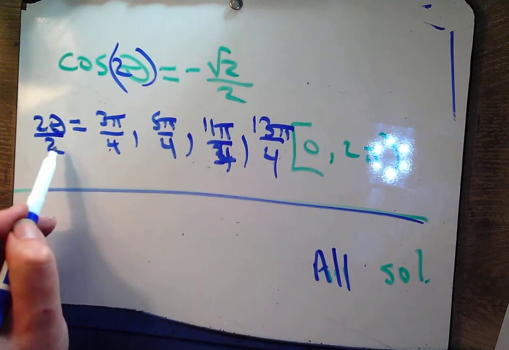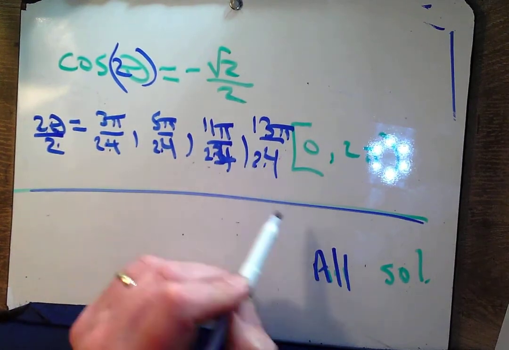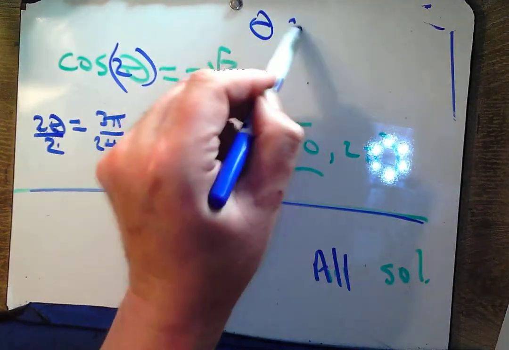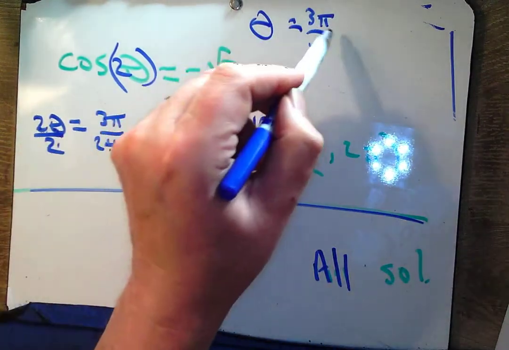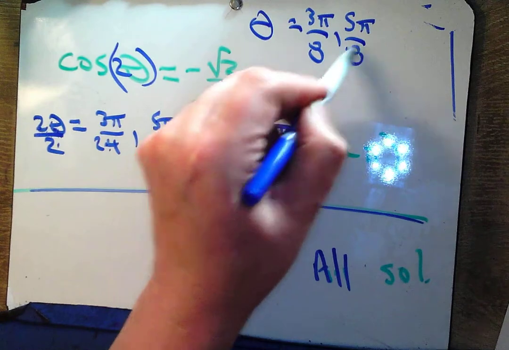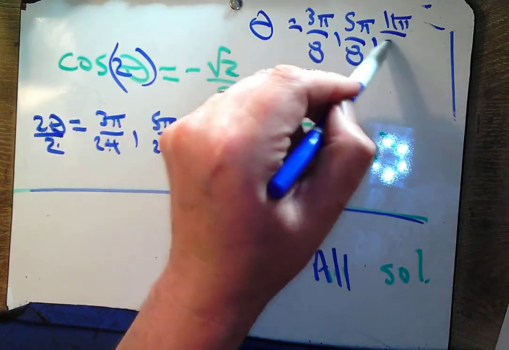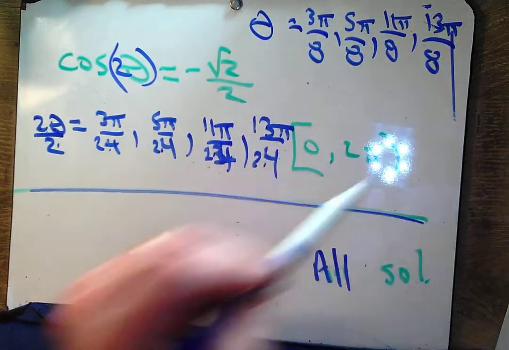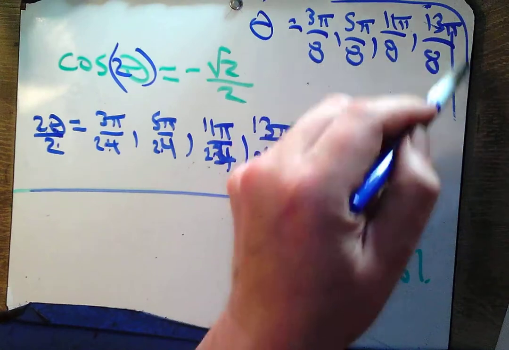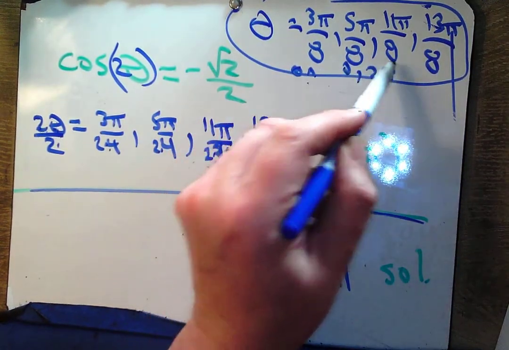I want to know what theta is, so I'm going to divide everywhere by 2. And so theta equals 3 pi over 8, 5 pi over 8, 11 pi over 8, and 13 pi over 8. Those are my 4 solutions on 0 to 2 pi.